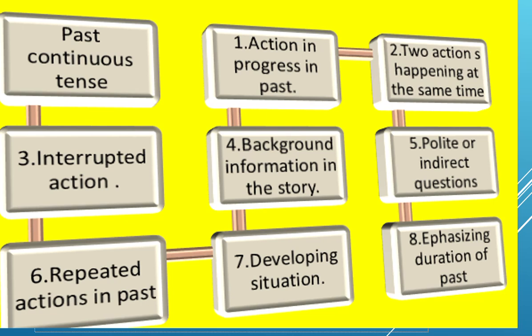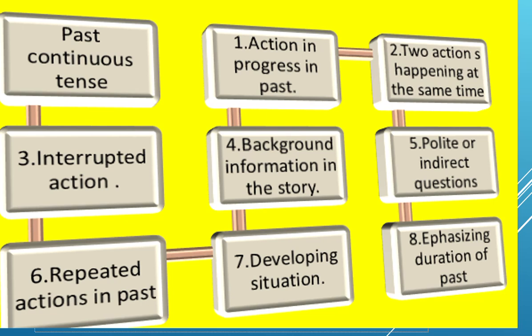Someone is reading while another is cooking. Or, I was teaching while she was reading. So for simultaneous action in the past, you have to express it by using past continuous tense.